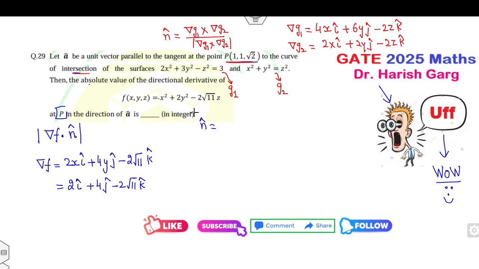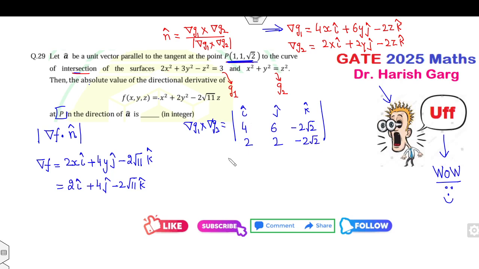Or instead of the n cap, first, can you find the cross product? So it will be i j k. Find the gradient value at the point P. So it will be 4, 6, minus 2 root 2. Then 2, 2, minus 2 root 2. So can you find the answer?